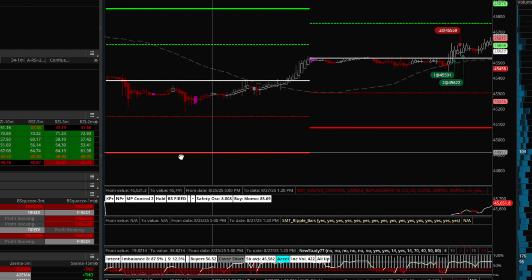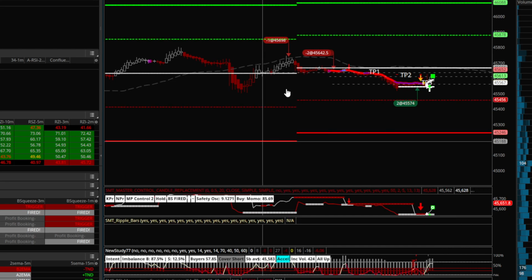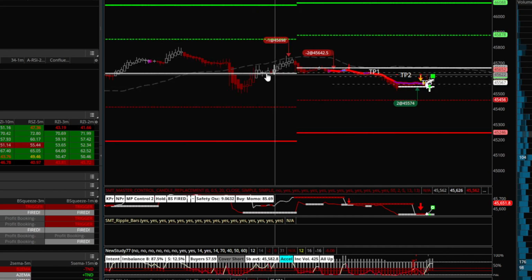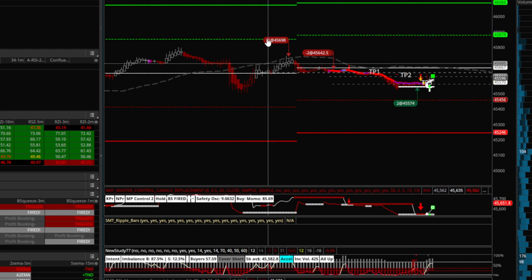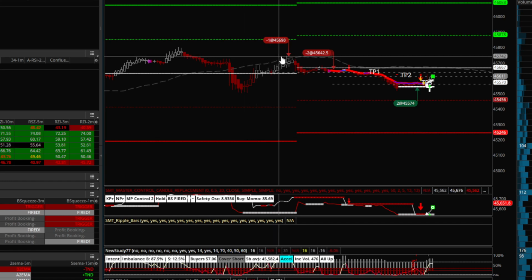So I saw that we were hitting this inversion level, and in addition, this is also a confluence because between current session open and mid ATR you have this level here, and we tagged it right to the penny as well.